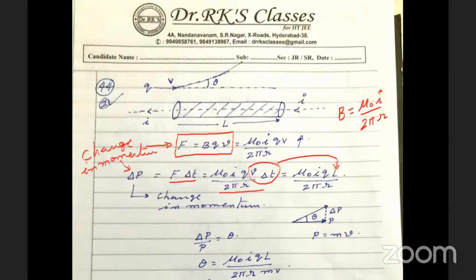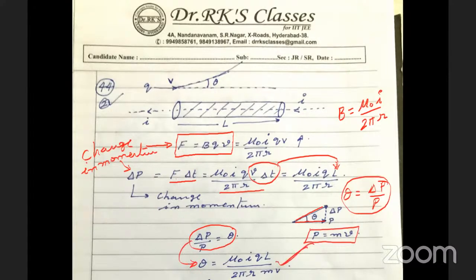Then theta is equal to arc length by radius, so theta is equal to delta P by P. But P is equal to MV, and substituting, you will get the theta value. That's the answer. It's a good problem.